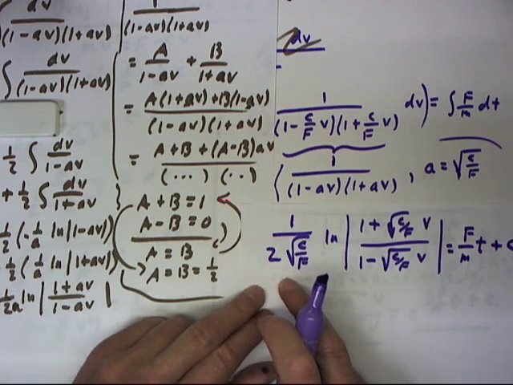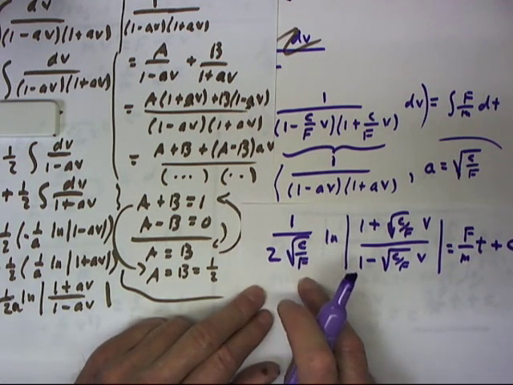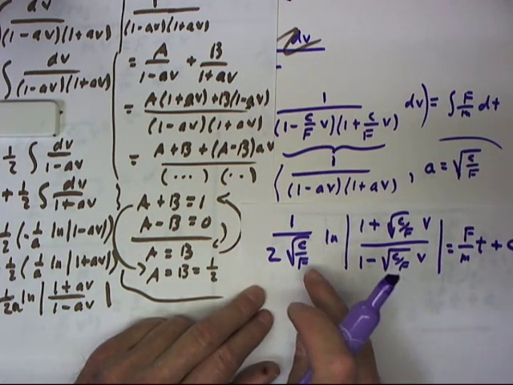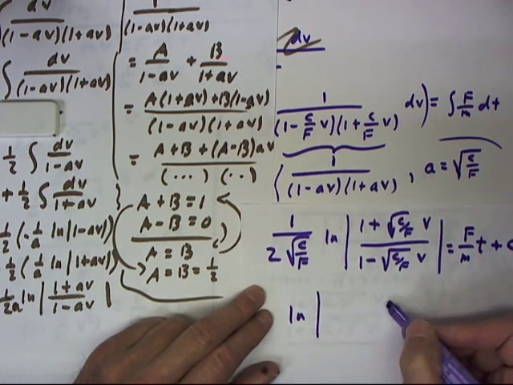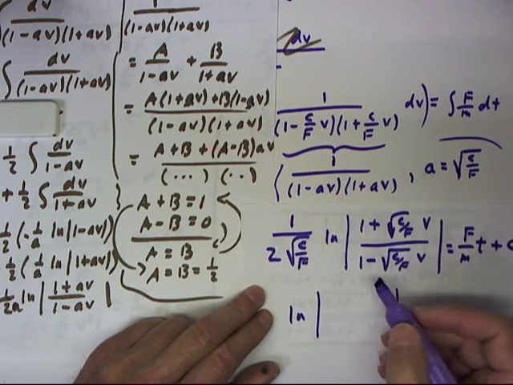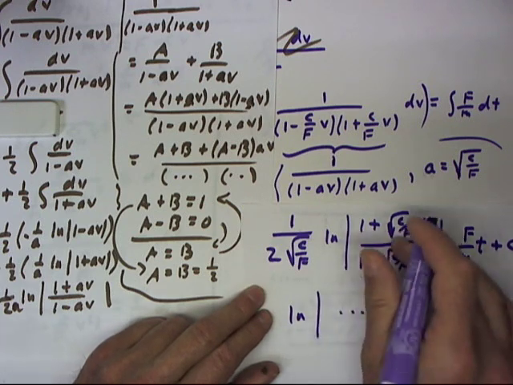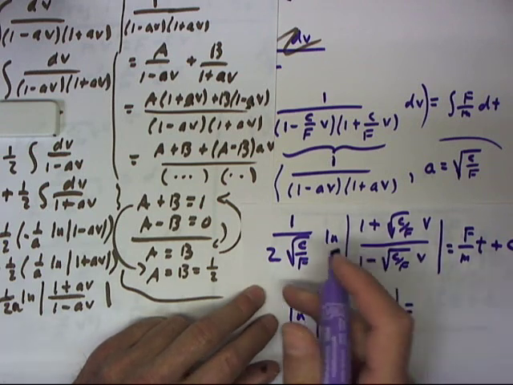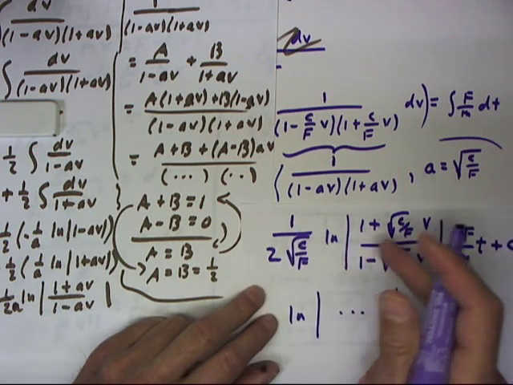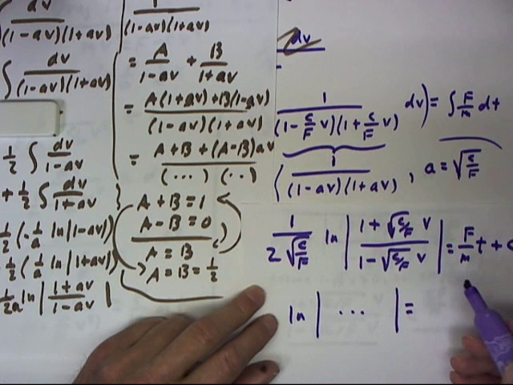Now if I multiply both sides by 2 square root of c over f, we're going to get natural log of the absolute value of this expression. I'm not going to write that expression down in this step. But we're going to get 2 times what? f divided by the square root of f.